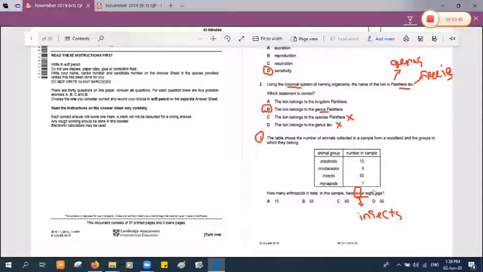And 8 legs, this is for the arachnids, right?